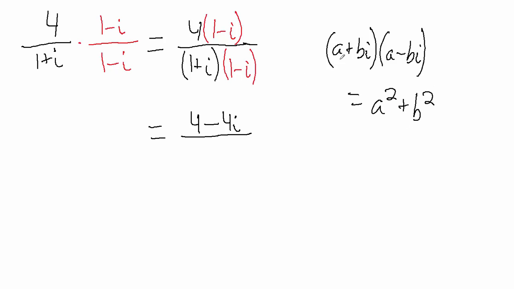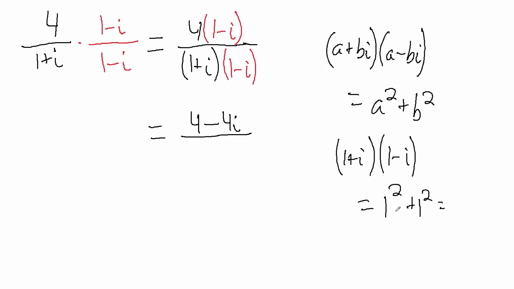In our case, a and b are both 1, because i is just 1 times i. So 1 plus i times 1 minus i is going to be 1 squared plus 1 squared. 1 squared is 1, again, and 1 plus 1 is 2. So 1 plus i times 1 minus i gives us 2.